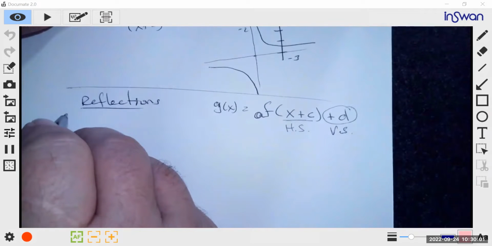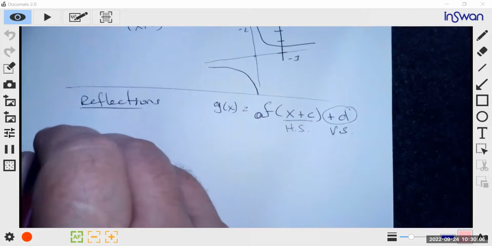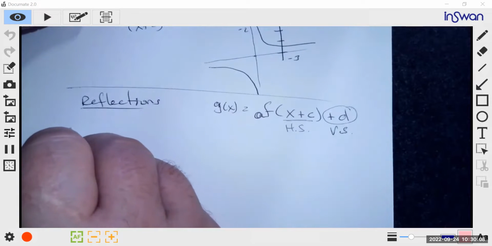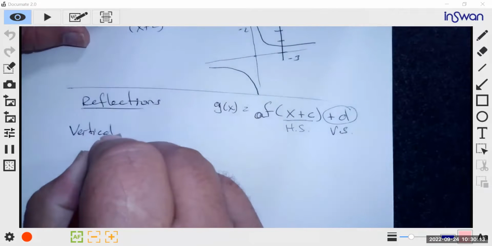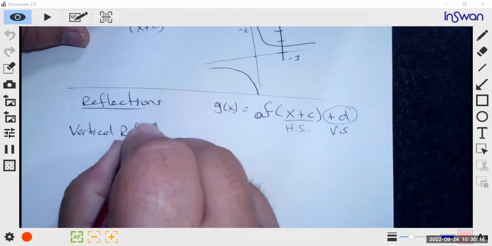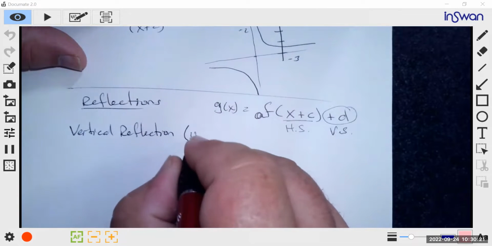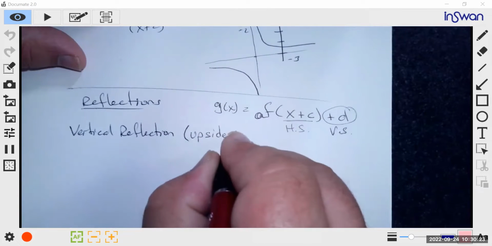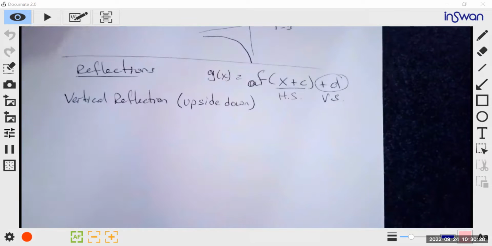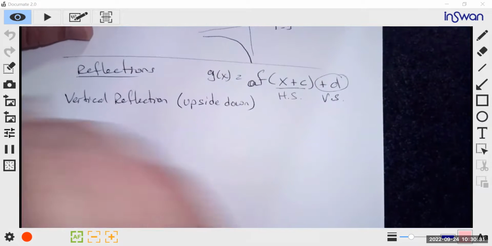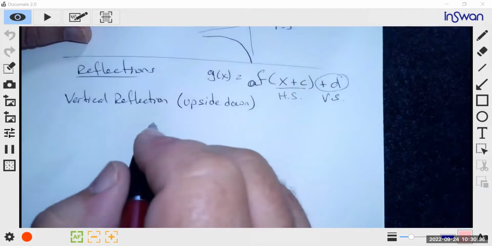We have 2 types. We have a vertical reflection. We'll make it upside down. How do we make it flip vertically?